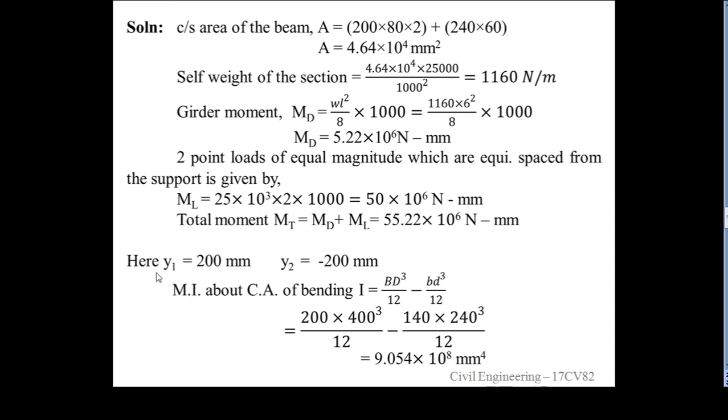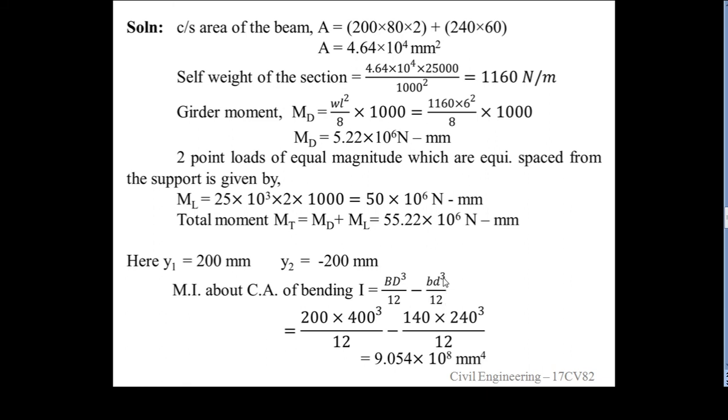Here y1 is equal to 200 mm, y2 is equal to minus 200 mm. We already discussed that in the diagram also. This is negative y because it is the bottom. Then the moment of inertia about the neutral axis of bending, I, is equal to BD cube by 12 minus small bd cube by 12.